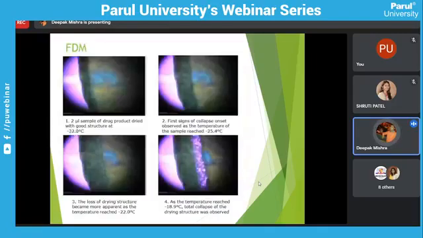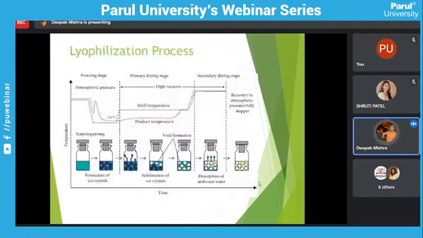On the basis of DSC and FDM, we can select the temperature. First, we know the freezing is basically minus 40 to minus 60 degrees. In this step, we can use half stoppers; the lyophilization stoppers are different from normal stoppers.